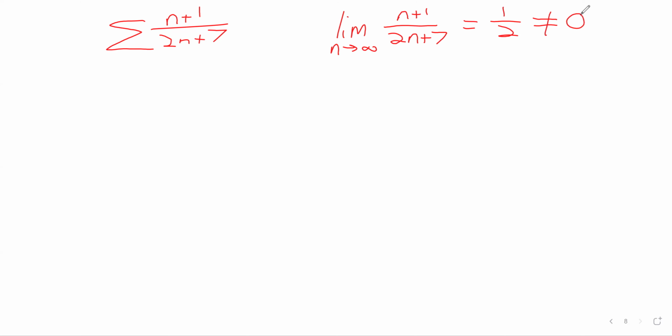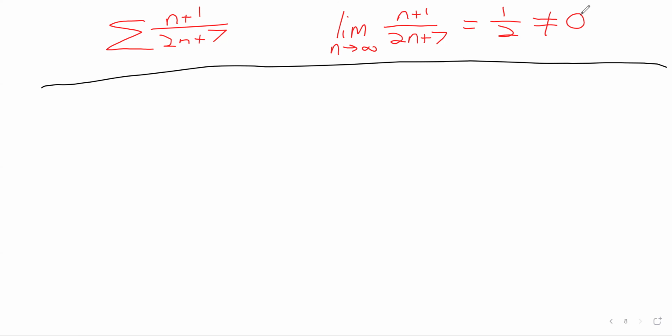And when the limit of those terms is anything other than 0, it diverges. Nth term test. So there's no mystery about whether this converges or diverges.